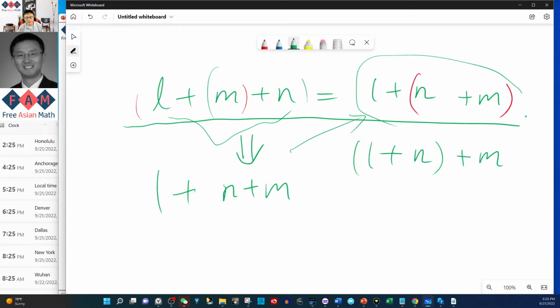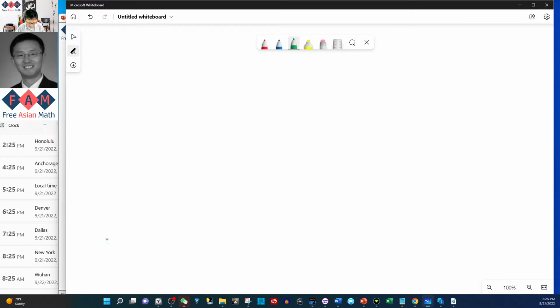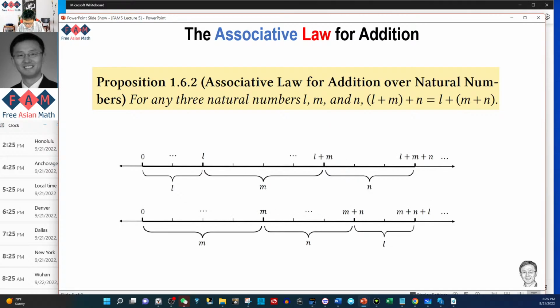Then you can redo the grouping. But that's not what the associative law says. So the associative law is strictly when you add 3 things up, it tells you if you put the first and second together, it will be the same as if you put the second and third together first.